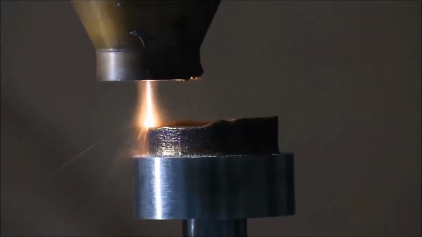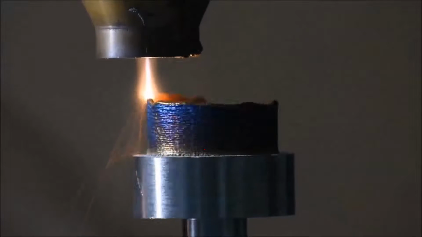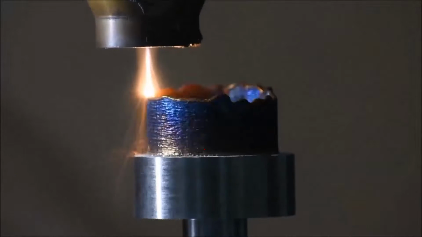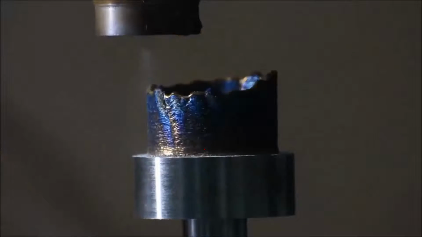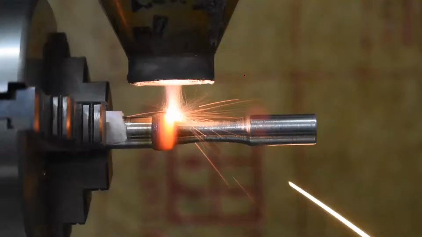But as the component is getting deposited, the waviness is getting introduced, because the molten pool size is increasing and heat is getting accumulated. Also, it becomes unstable, introducing this sort of waviness. You see, the complete surface is wavy. So this is the first challenge in additive manufacturing, to control the waviness.